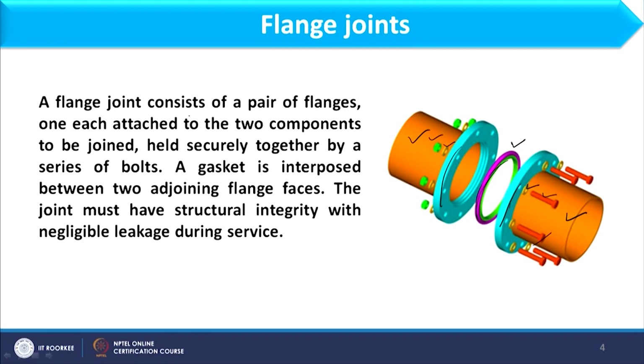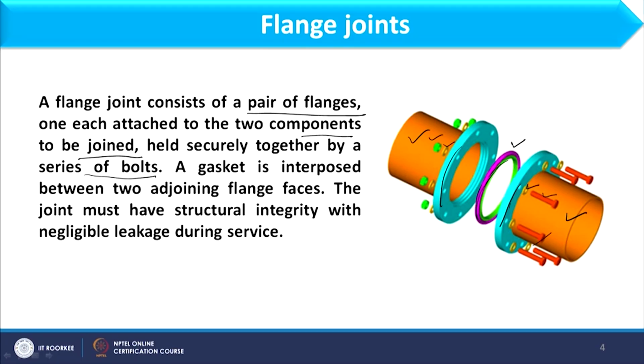So, a flange joint consists of a pair of flanges. What we have discussed is that it always comes in a pair. Okay. So, one each is attached to the two components to be joined, held securely together by a series of bolts.